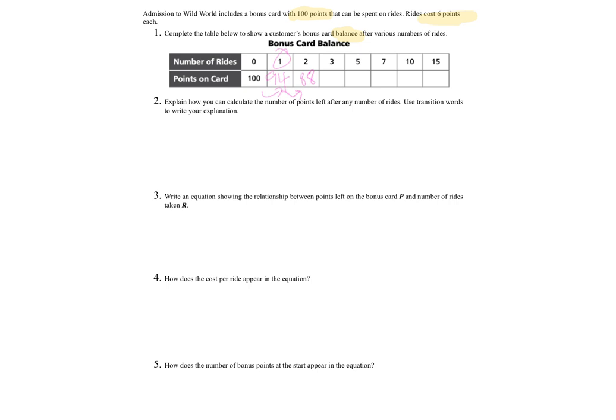Again, I want independent and dependent variables outlined, okay? How does the cost per ride appear in the equation? How does the number of bonus points at the start appear in the equation? And then, if you have time, graph it, but I don't think you will. So do what you can with the time you have and come back for answers.